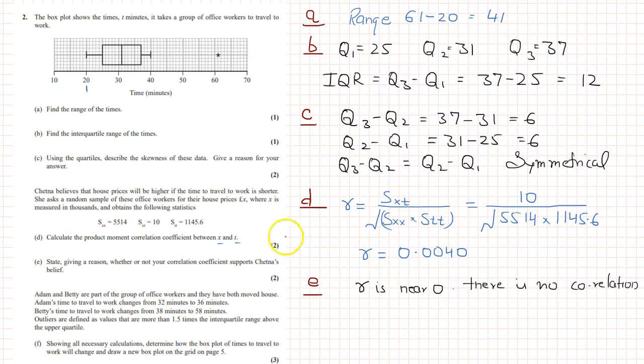There is no correlation supporting Chetna's belief. So there is no correlation between the time and the price for the house. Make sure you write a long sentence here, because it's not 1 mark, it's 2 marks. To get full grade, you just write the complete sentence.